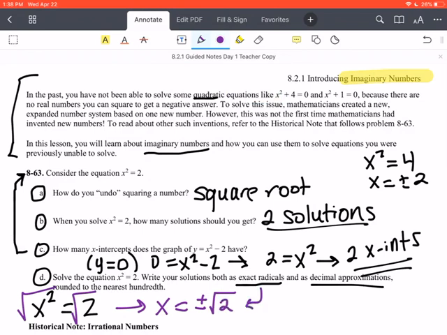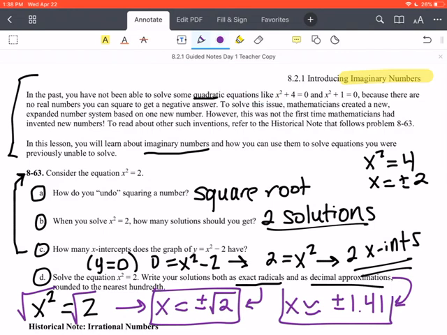Positive square root 2, negative square root 2. But then when we go to the decimal approximation and take our calculator, if we do square root 2, you're going to get a long never-ending decimal. When we round it to the nearest hundredth, it's going to be plus or minus 1.41. So that is the decimal approximation. So exact radical form, decimal approximation. Getting us to think about square rooting, because that is really at the base of imaginary numbers.